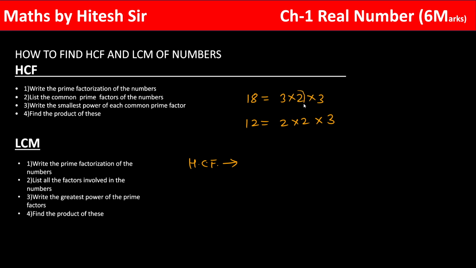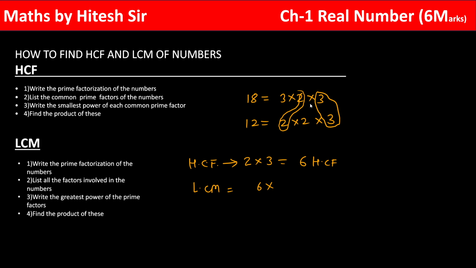So we can see that 2 is common here, and 1 three is common here. Is anything else common? No, nothing else. So 2 threes are 6. So the HCF should be 6.